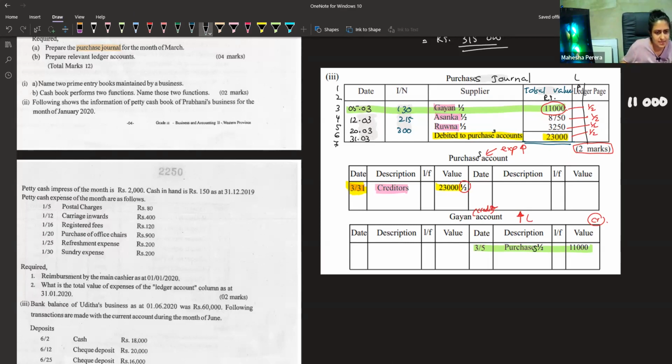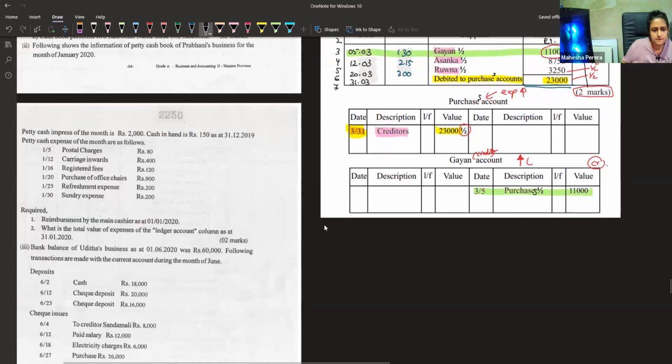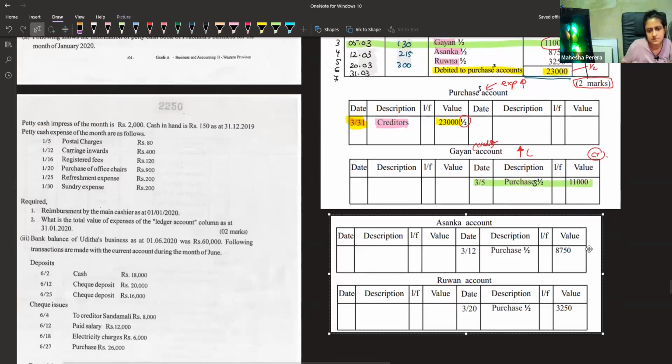I'll show you the marking scheme, and you can finish it. So this is Asanka's account and this is Ruan's account.